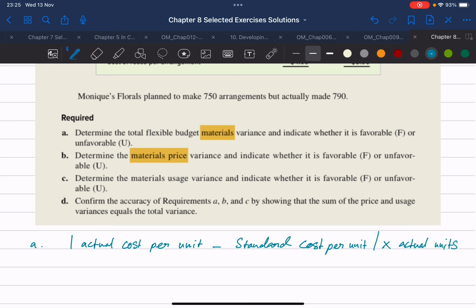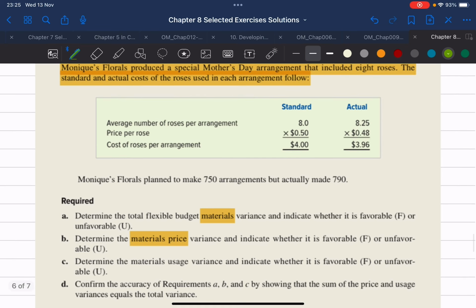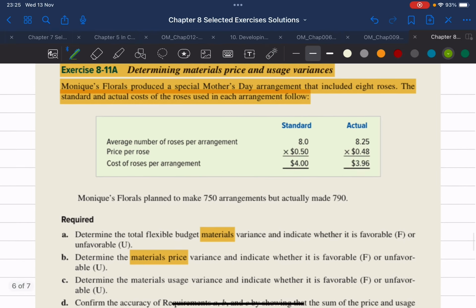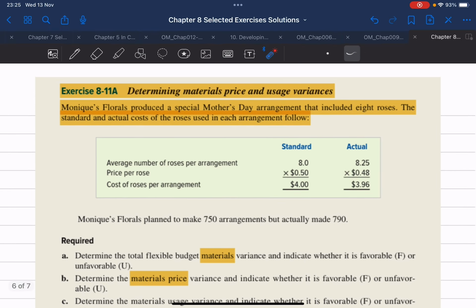Okay, and that would be the absolute value of the actual cost per unit that was given to us in the question right here, $3.96, minus the standard cost per unit that was also given to us in the question right here, $4.